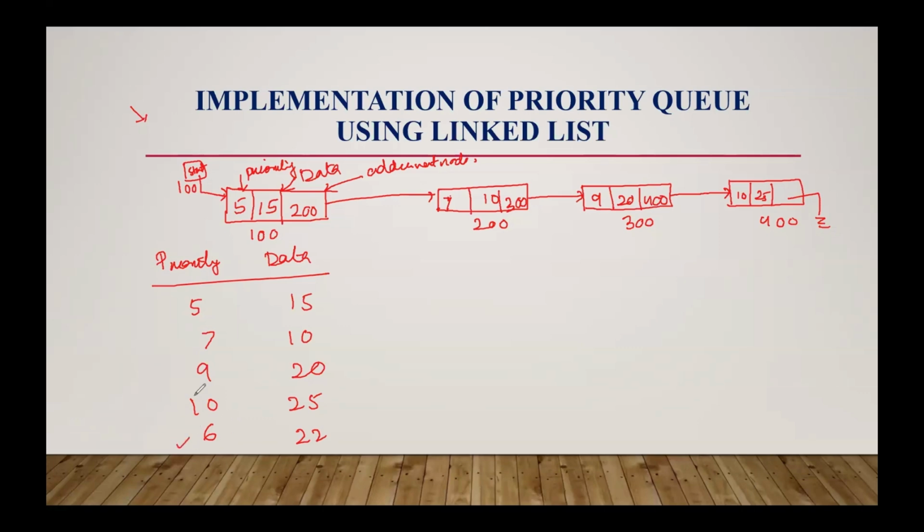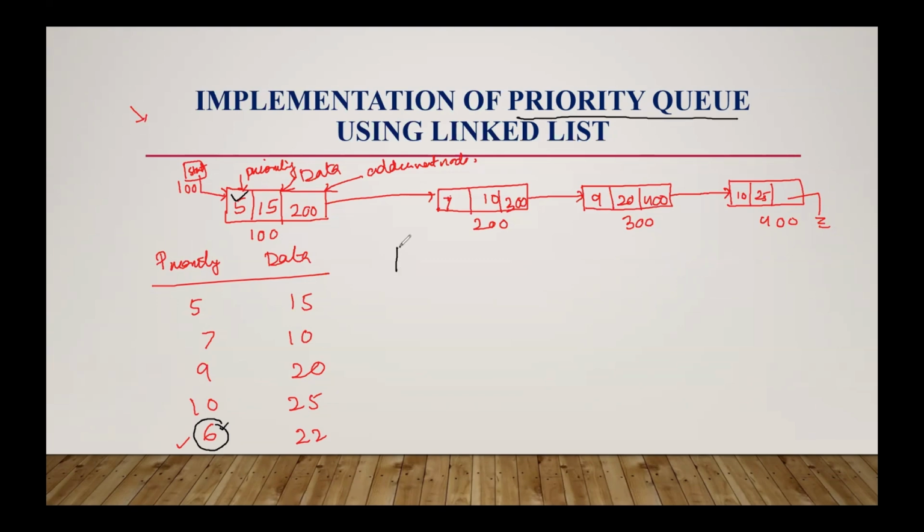So now the next question arises: if we want to store the data, first we have to check the priority value 6, because it is a priority queue implementation. It is ascending, so we have to search for a specific location: after 5, 6. Each and every time we have to compare the priority value with the newly connected node.